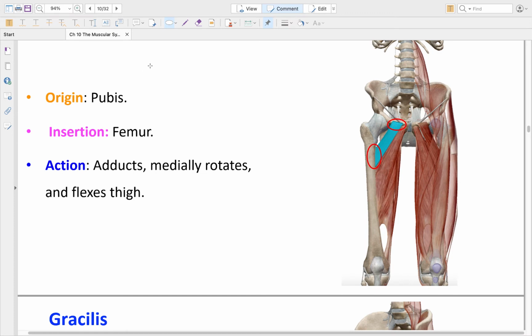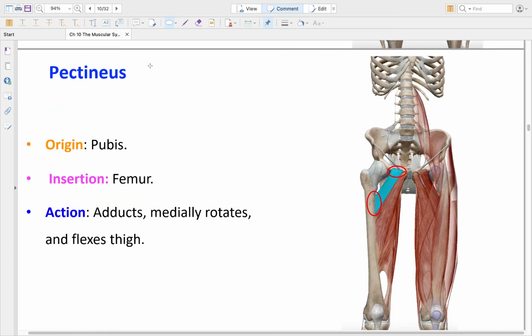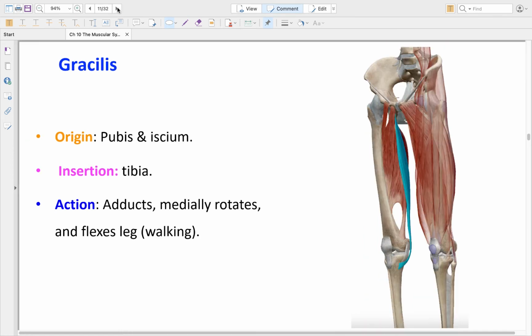Let's look at the next muscle in this group. That's pectineus. This one is gracilis. And this one is pretty interesting because it wraps around, and look where it inserts. This is a muscle that crosses the knee joint.